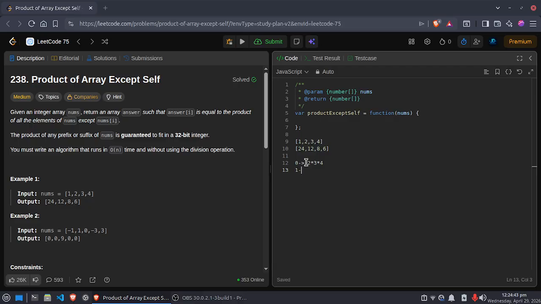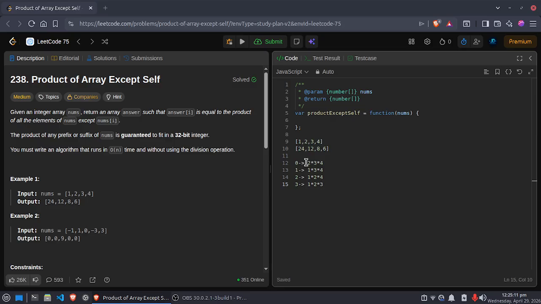For index 1 I have 1 multiply 3 multiply 4, that's 12. For index 2 I have 1 multiply 2 multiply 4, and I get the answer 8. For index 3 I have 1 multiply 2 multiply 3, and the answer is 6.